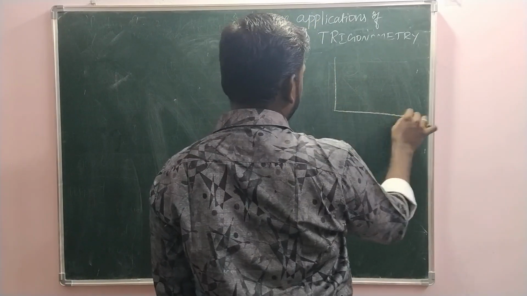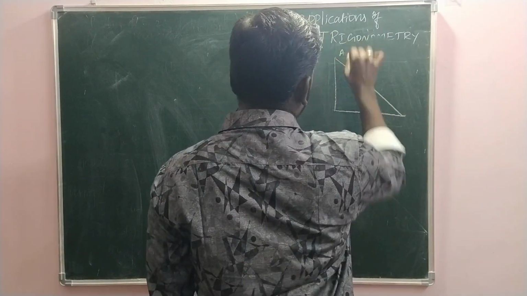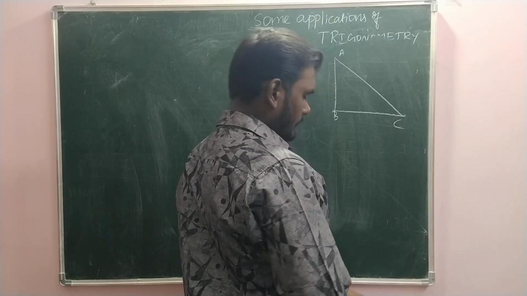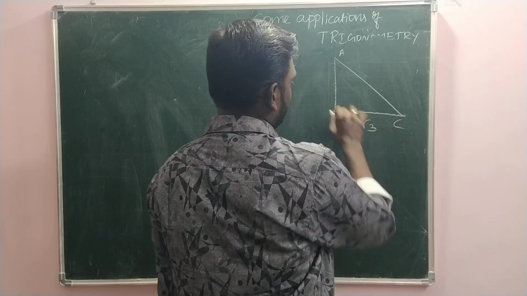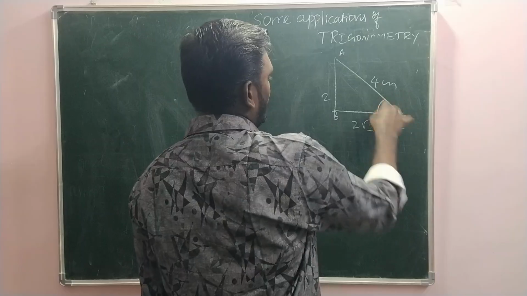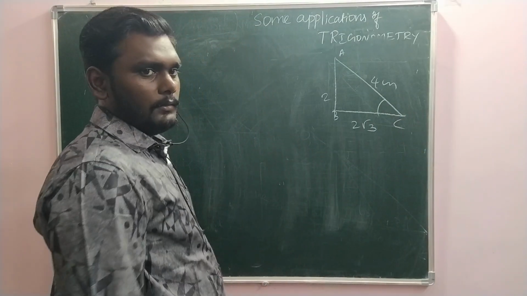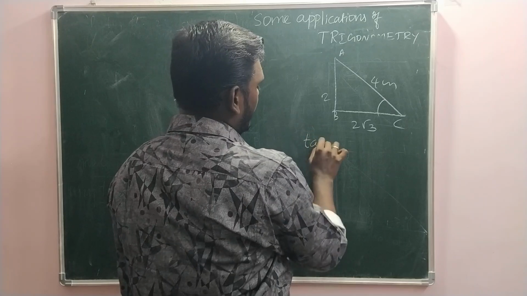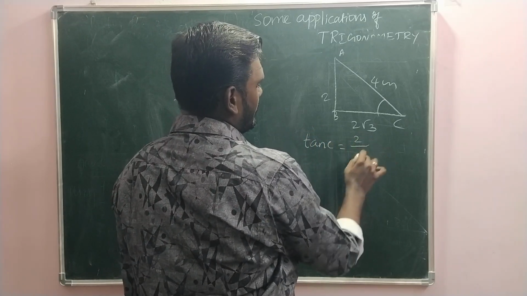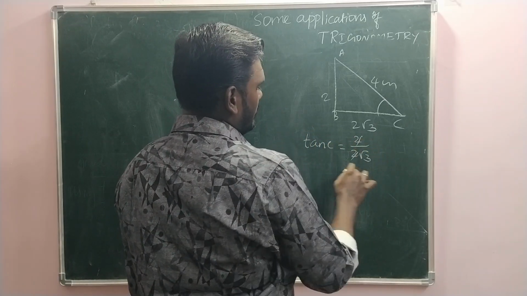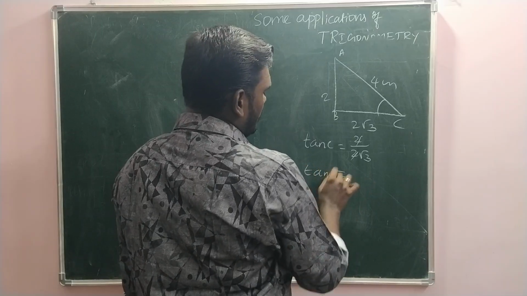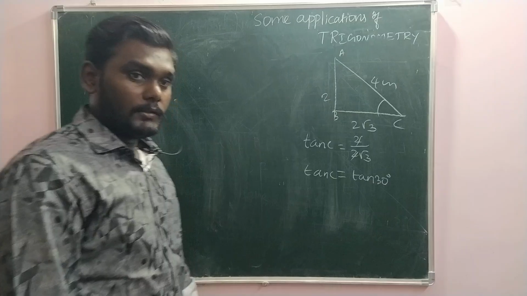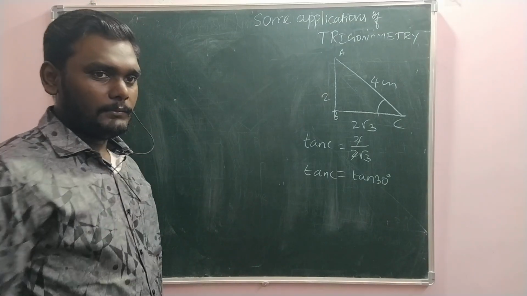This is the question. And here 2 root 3. The angle of elevation from this is 30 degree. Why? Because we will take tan C, which is opposite side by adjacent side. So they cancel each other. We got tan C is equal to tan 30 degree. See, this is one such important thing when you are writing a descriptive exam.